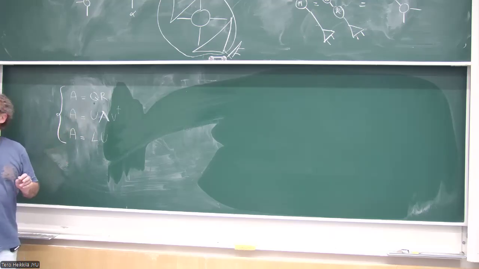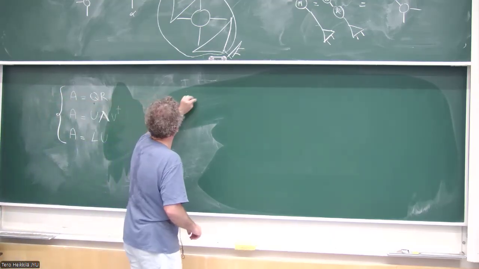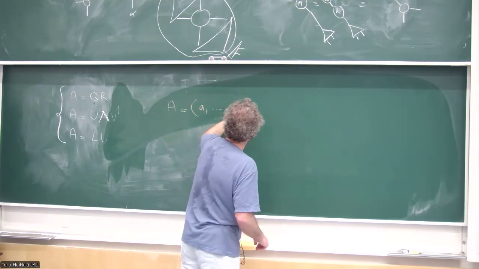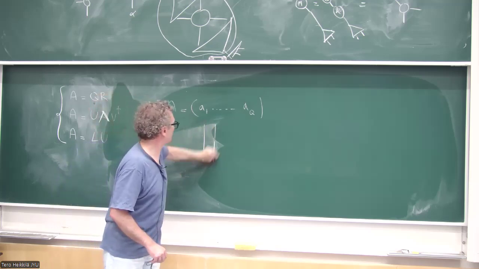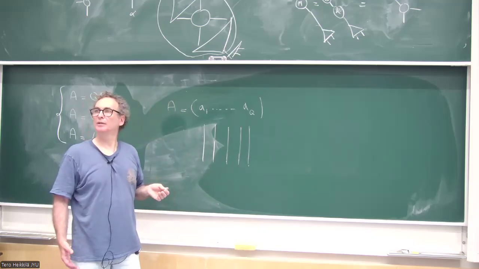So QR, you know, actually it's also something you learn in undergrad. You have a matrix A, and I write it as a bunch of vectors. So A_j is the column.